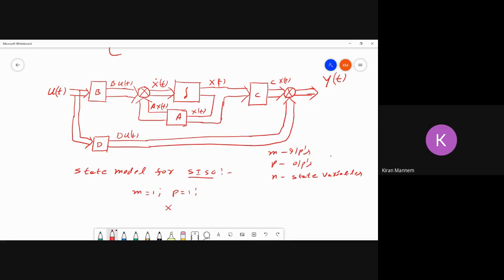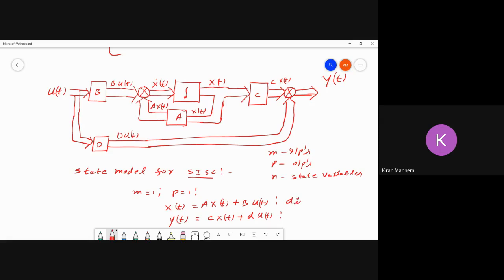It would be x dot of t is equal to A into x of t plus B into u of t, and y of t is equal to C into x of t plus D into u of t. So what happens?